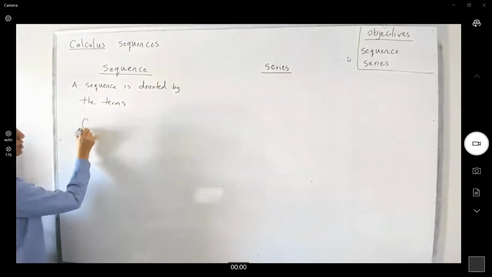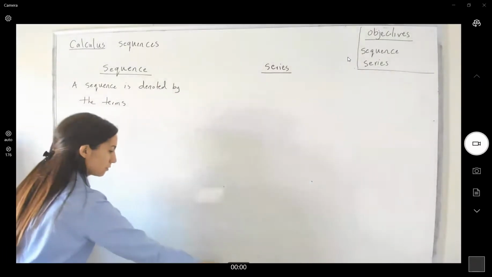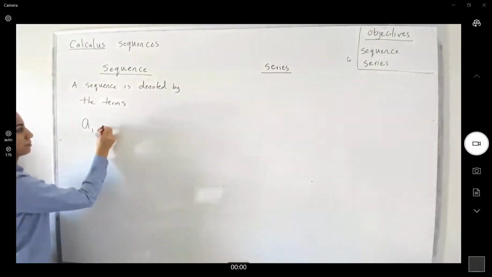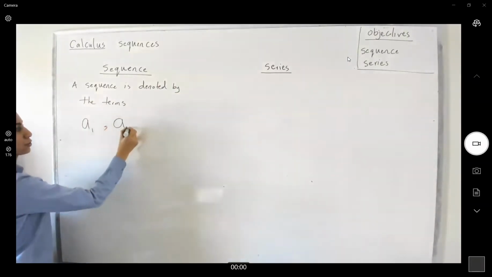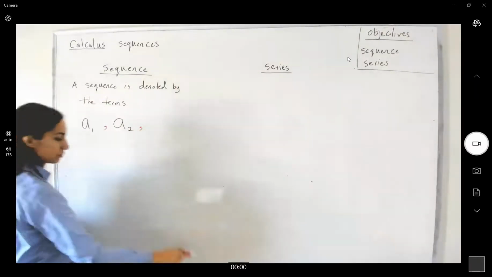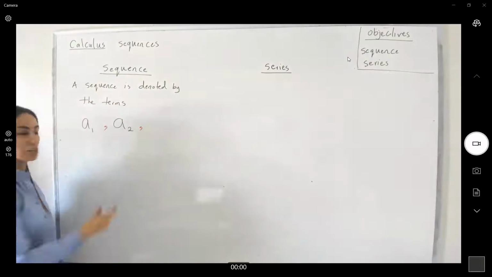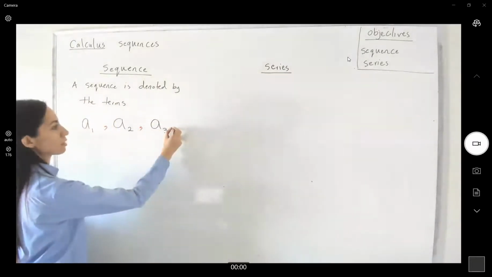You write down the first term, a sub 1, comma. The second term, a sub 2, comma. The third term, a sub 3, comma, the rest of them.